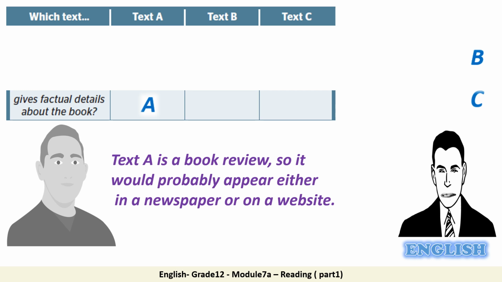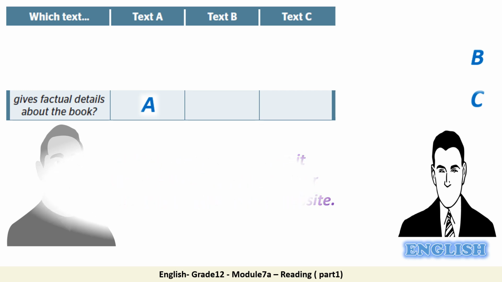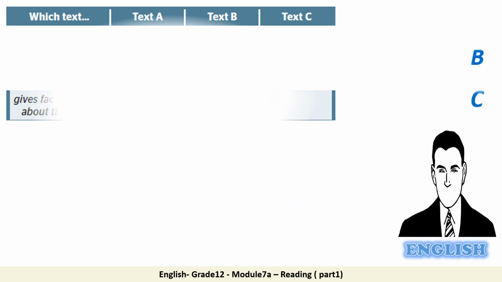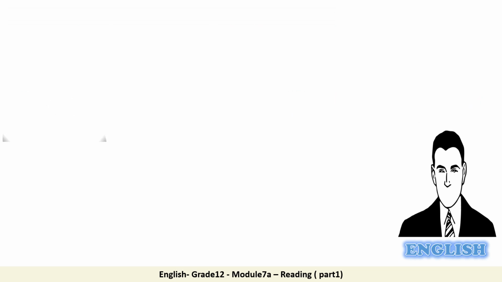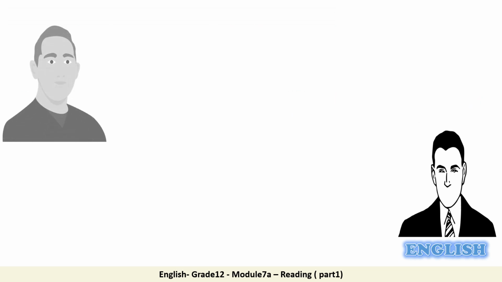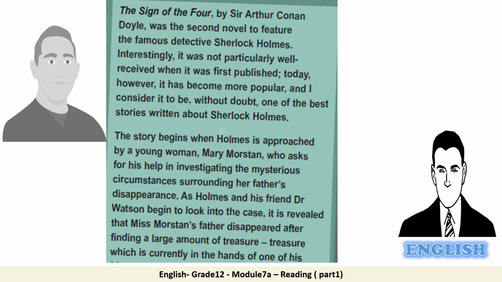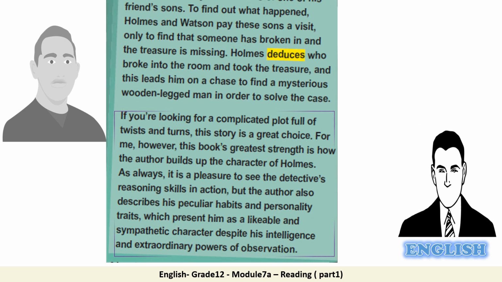I need you to give me evidence from the text, Ahmed. The writer of this book review gave a description of the story and mentioned how significant the story is.